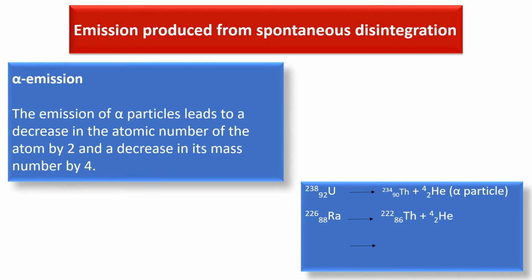So when you add the atomic number and mass number of helium and the new element together, it will give the mass number and atomic number of radon. And another one is actinium producing astatine after an alpha particle has been emitted.